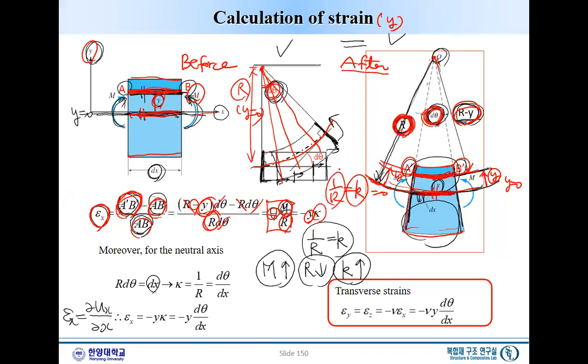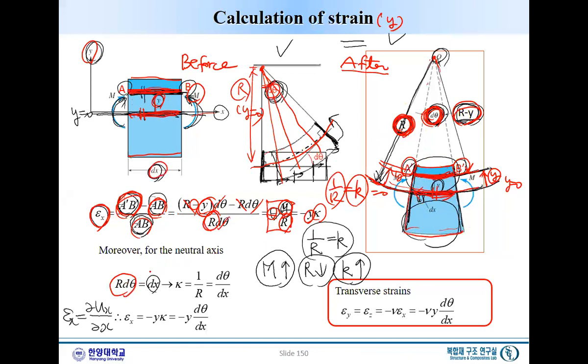Another important geometric relation: what is R times d theta? Please take a look at R times d theta. What is that? This distance, right? We already know that. But this distance is the same as what? dx, right?